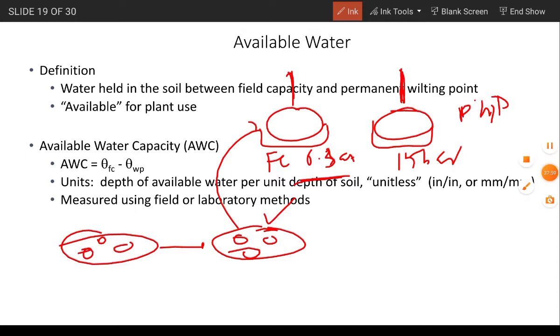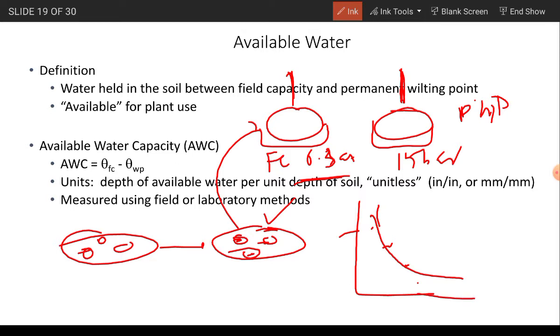After applying the required pressure to the saturated soil, we find the moisture content at that pressure. In this way we get a graph. So this can also be done using the pressure plate apparatus. In the last lecture we have discussed who gave the pressure plate apparatus.